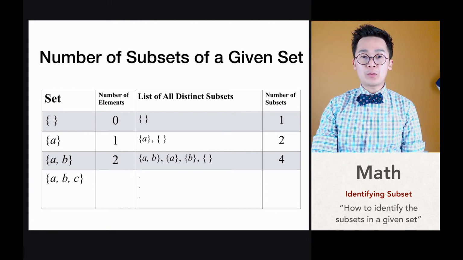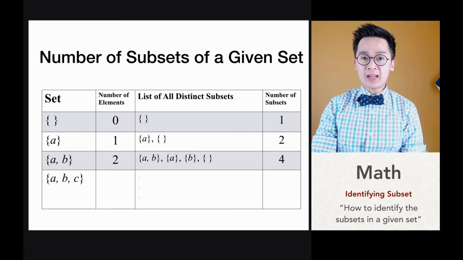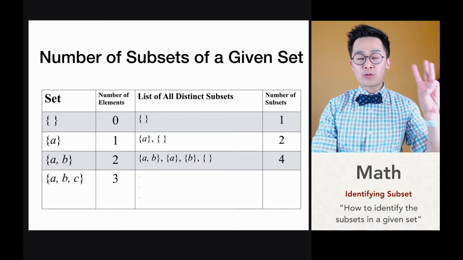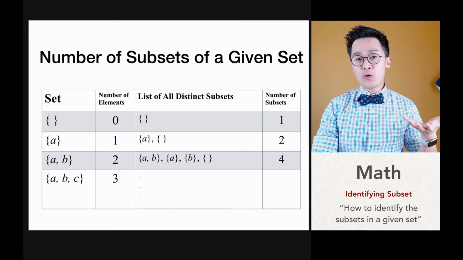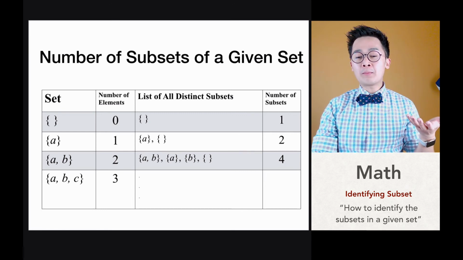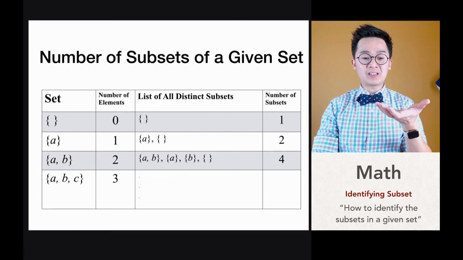And for example number 4, the last row, we have A, B, C as the elements of the last set. So we have 3 different elements in the fourth set. However, the number of all distinct subsets would be the set itself, which is {A, B, C}.